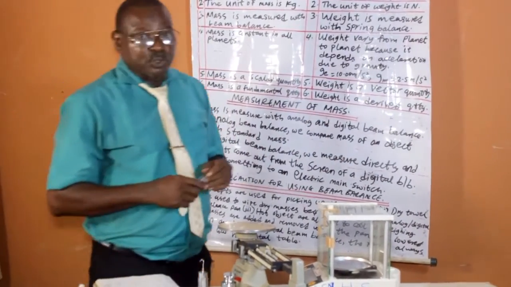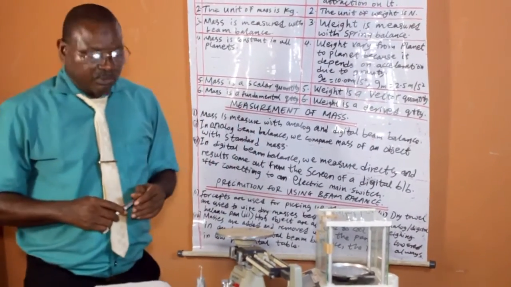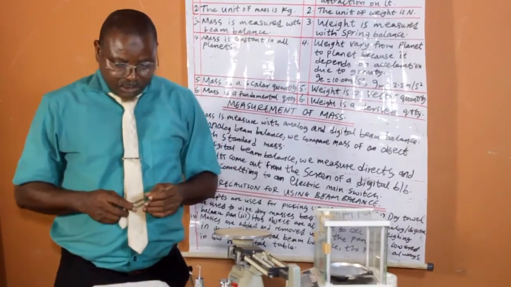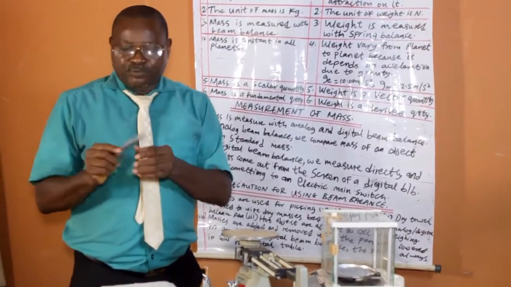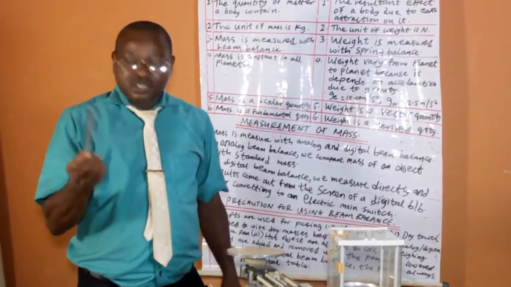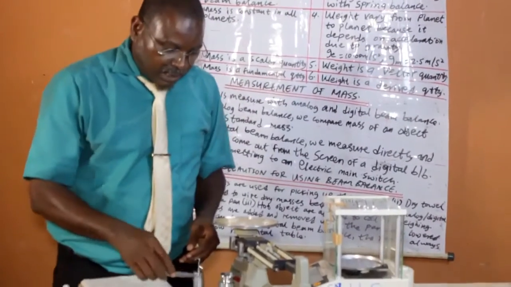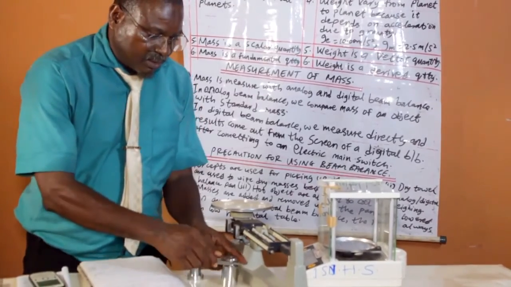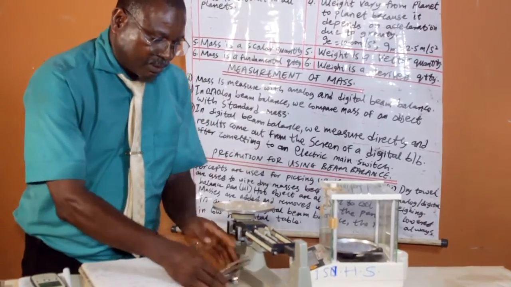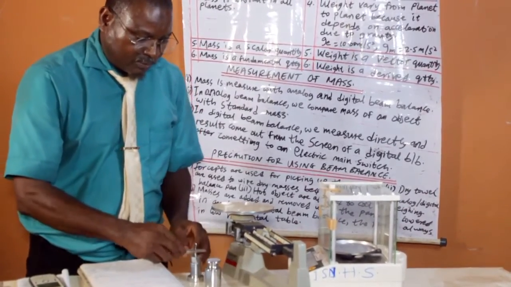Now, there are some precautions which we are supposed to follow when we are measuring mass. The first one is that we make use of forceps to pick mass. This is how to pick it. This is too heavy.